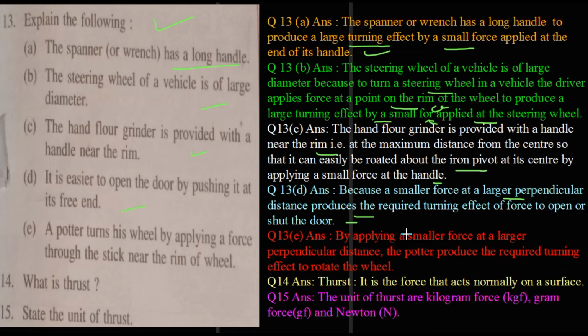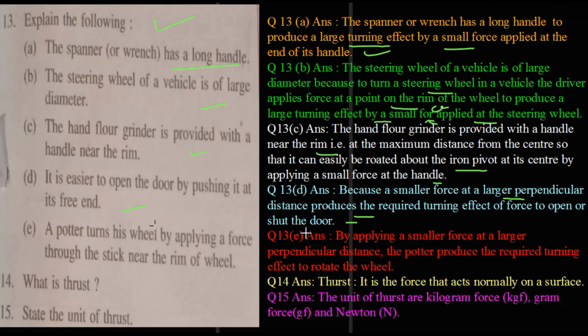When we push it, we apply a smaller force at a larger perpendicular distance. So the larger the perpendicular distance, the larger the turning effect of force to open or shut the door.